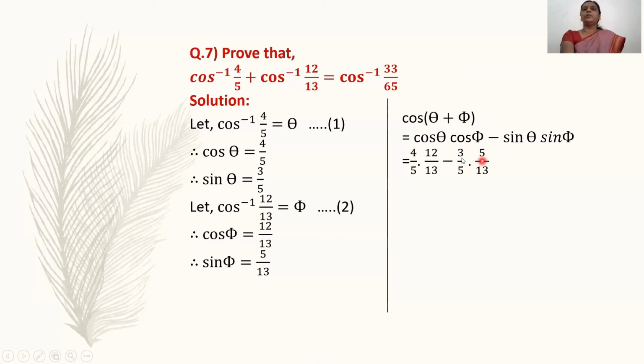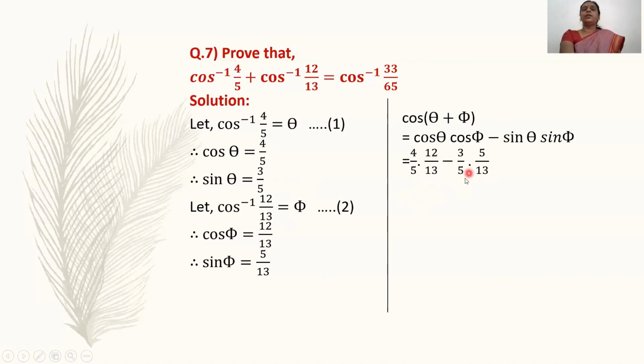I will keep the values of cos theta, cos phi, sin theta and sin phi here. See here, the value of cos theta is 4 by 5, keep that here. The value of cos phi is 12 upon 13, keep that value here, minus, then the value of sin theta is 3 by 5 and the value of sin phi is 5 by 13. You keep those values here.